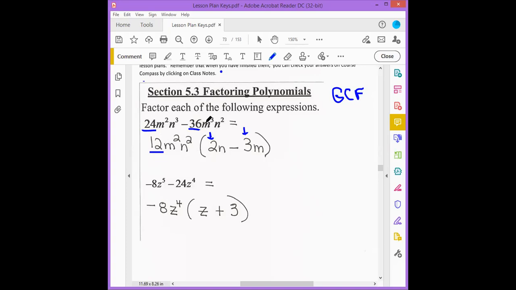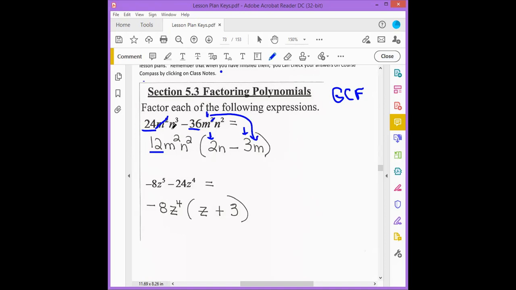We can't take 3 m's because that first term only has 2. So the largest number of m terms that we can factor would be m squared. So we factor out 2 of our m's, and when we factor m squared from our first term, it cancels out. When we factor m squared from our second term, we took away 2, but that leaves 1 left over. So that 1m we write in parentheses next to the 3.